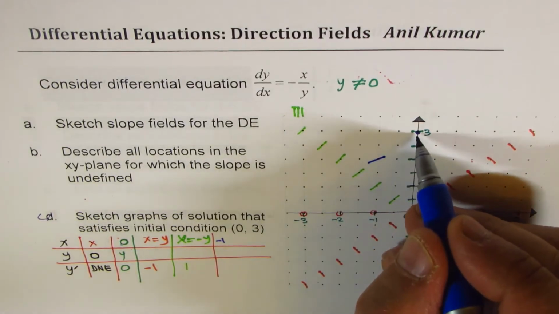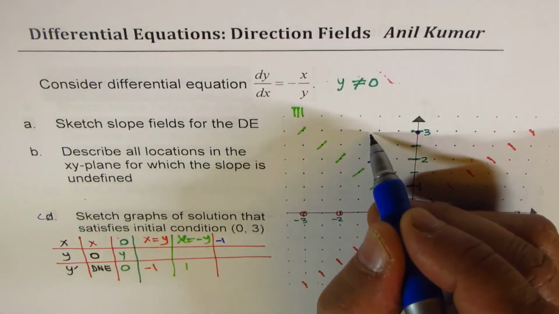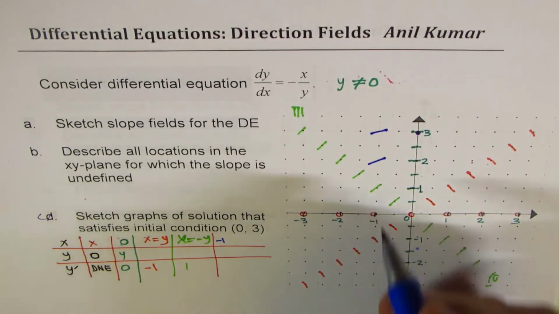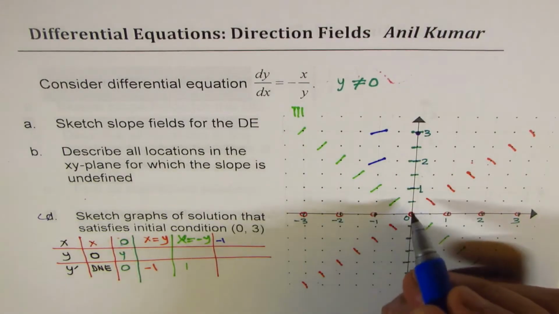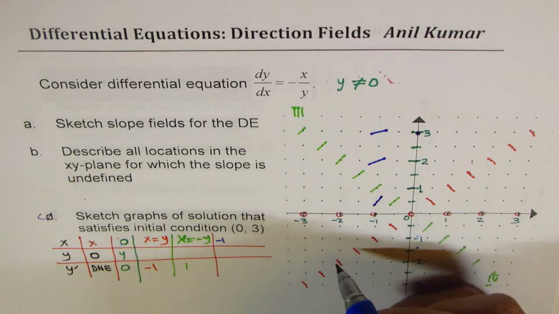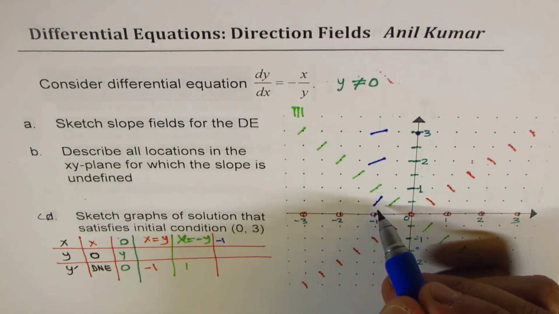And if it is 1 over 3, then it becomes even lesser. Even lesser. Do you get my point? But if I take half as the value, it becomes 2. So it is more slope. That is what happens when the y value is positive.